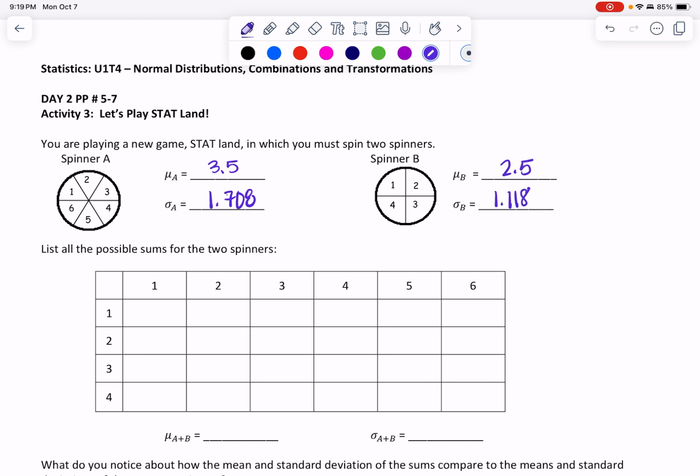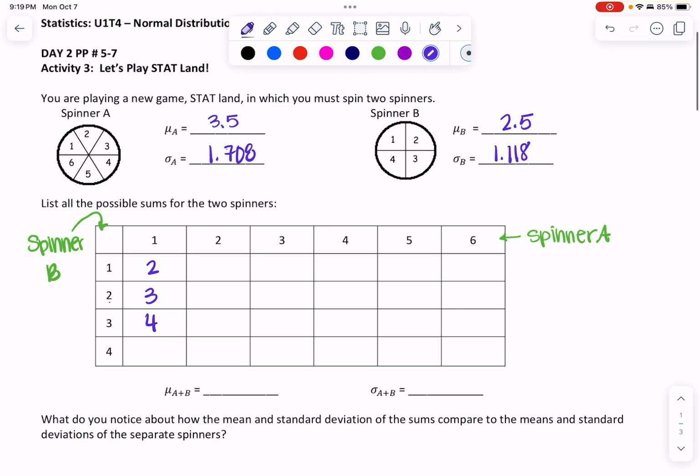Okay, so now let's list the possible sums of the two spinners. Across the top is spinner 1, or spinner A. And going down is spinner B. So if we do the sums, 1 plus 1 is 2, 1 plus 2 is 3, 1 plus 3 is 4, 1 plus 4 is 5.